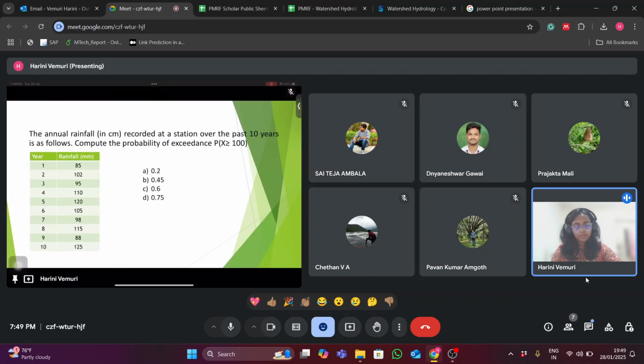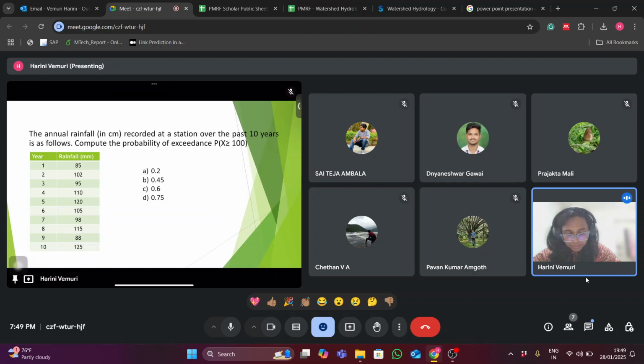Now let's solve the last two problems. The first problem: the annual rainfall recorded at a station over the past 10 years is as follows. Compute the probability of exceedance, P of X greater than or equal to 100. Here we need to find the probability of rainfall greater than or equal to 100 mm.